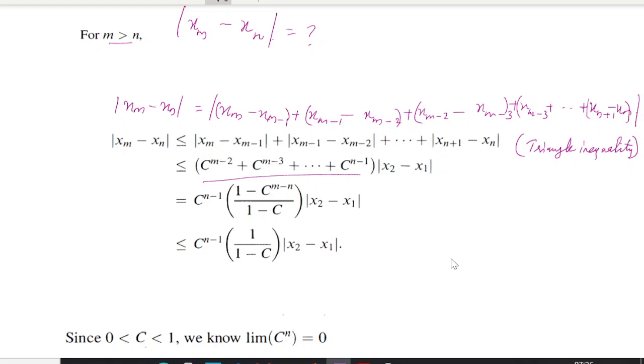Now what is this one? This is c raised to m minus 2 plus c raised to m minus 3 plus c raised to m minus 4, right? Plus etc., c raised to n minus 1. Will it form a geometric progression?